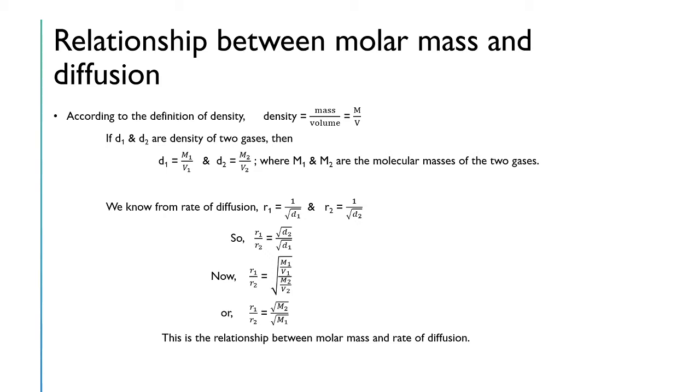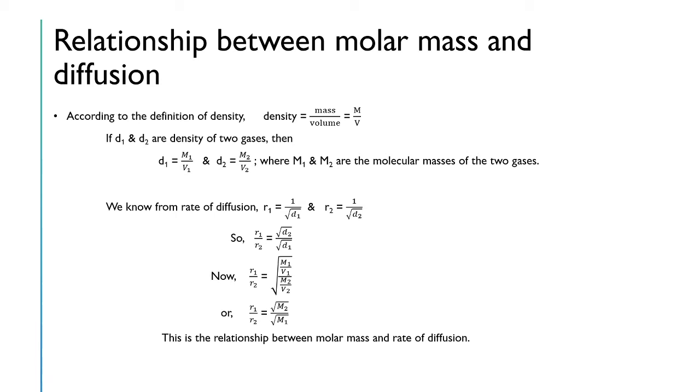So we all know that density is the ratio of mass and volume. If we put the values here, we can obtain a new equation, that is if we assume that R1 is the rate of diffusion of a gas and R2 is the rate of diffusion of another gas, then R1 by R2 equals root over M2 by M1.